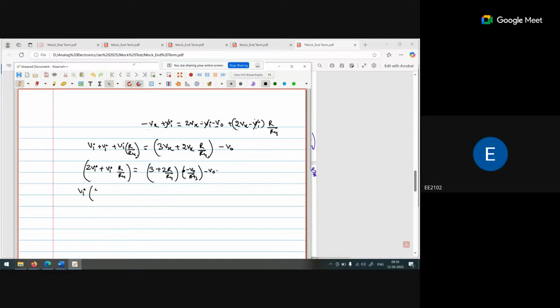So Vi times (2 plus R by R4) is equal to minus V naught times (3 plus 2R by R4) times (As plus 1) by As.